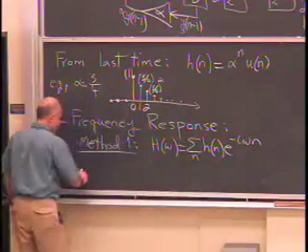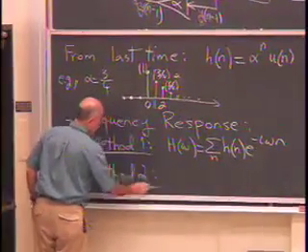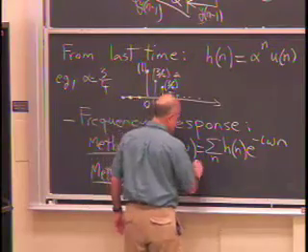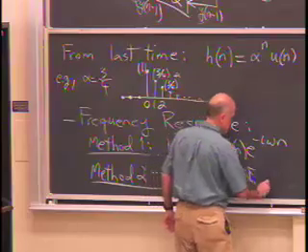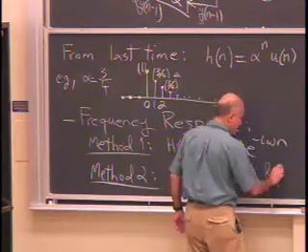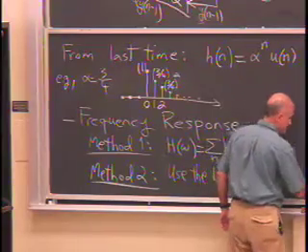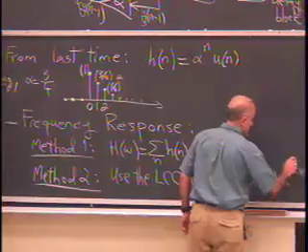And method two is you use the linear constant coefficient difference equation, and plug in x of n equals e to the i omega n.